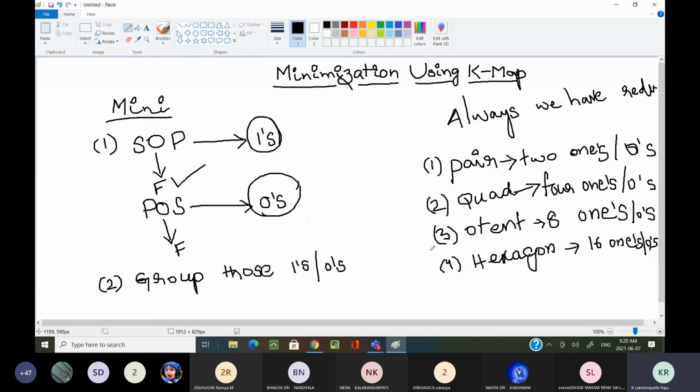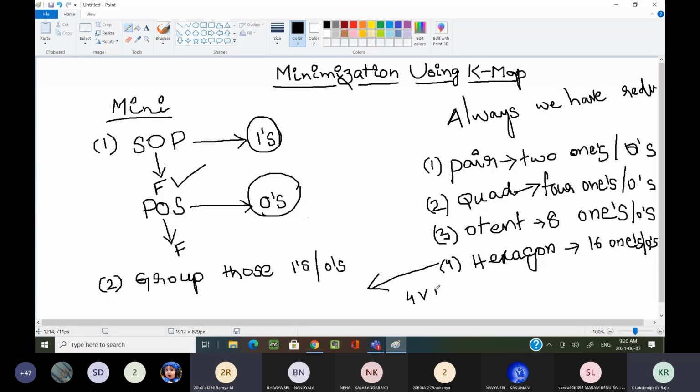Now, if I form a hexagon by combining 16 adjacent ones in the K-map, how many variables can I reduce? I can reduce 4 variables.